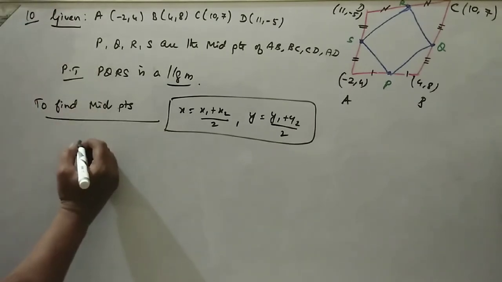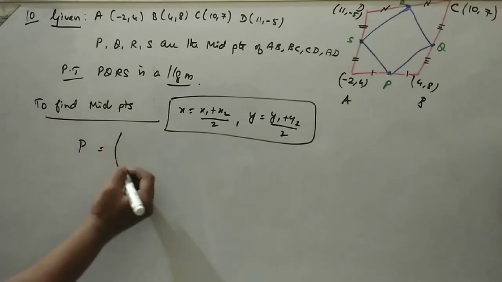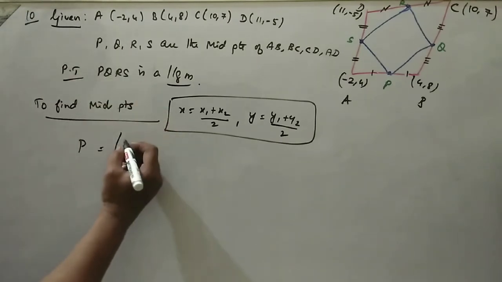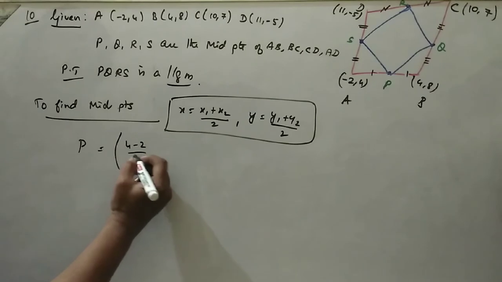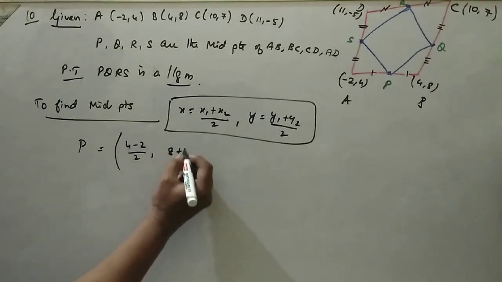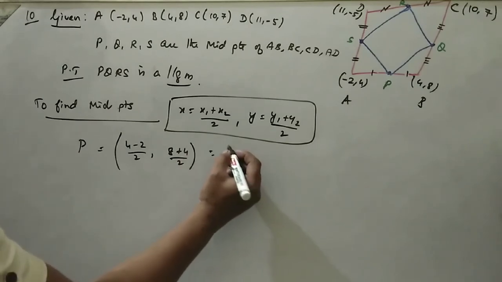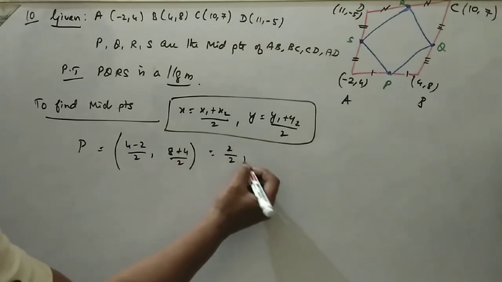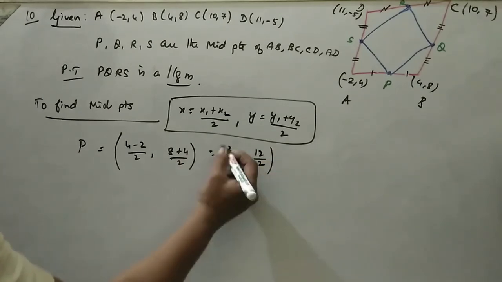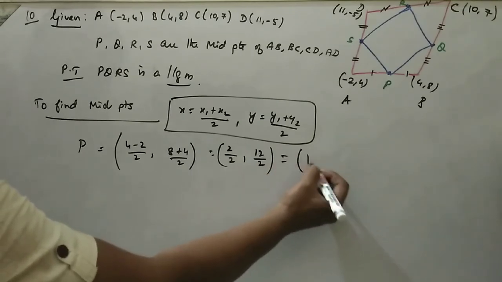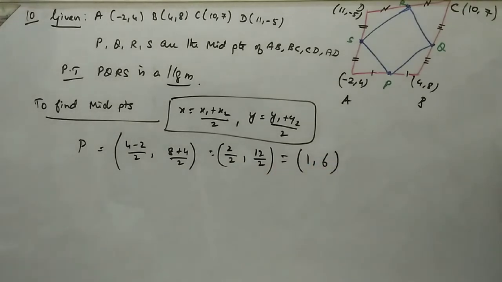So P, you will write (4 minus 2) upon 2 and (8 plus 4) upon 2. So you will get 2 upon 2 and 12 upon 2. That is 1 and 6. What is P? 1 and 6.